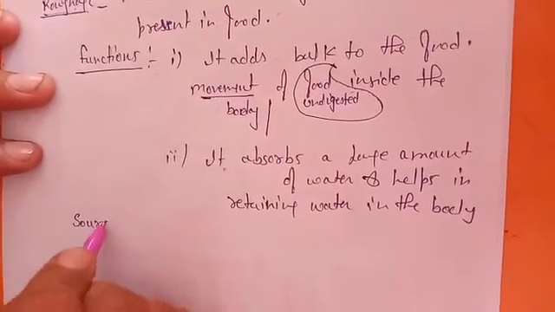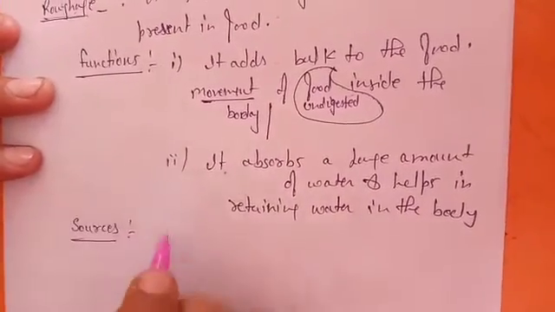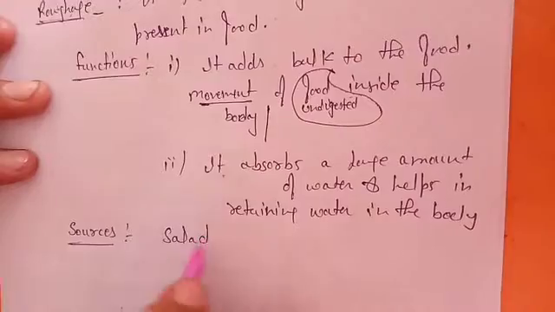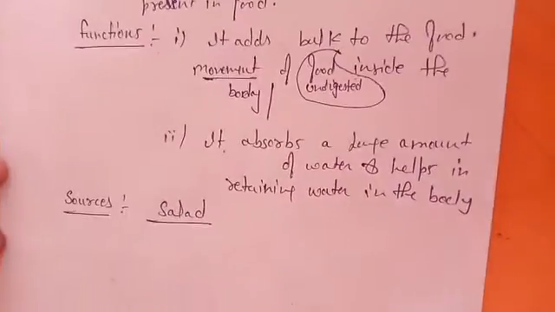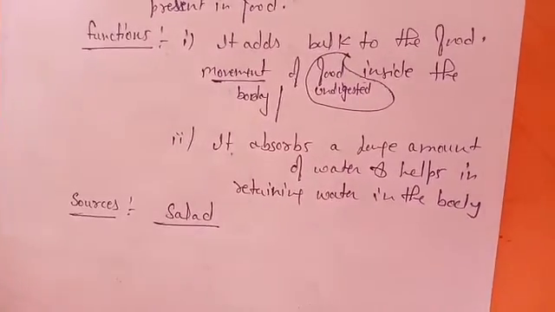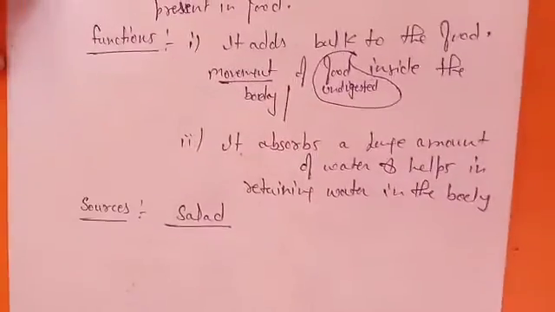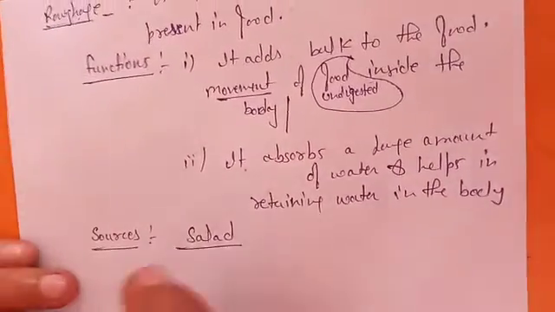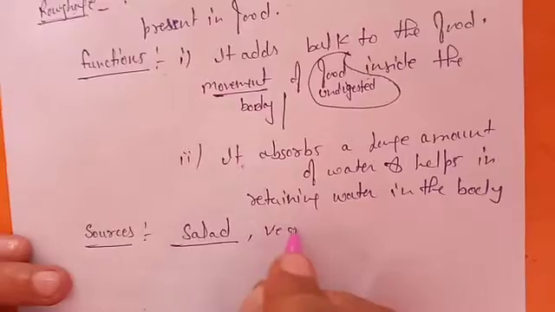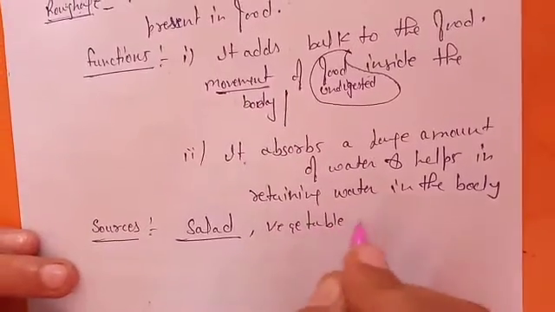Next, what are the sources from which you can get it? The first important is salads, whatever kind of salads you are using, or raw vegetables. They are a great source of roughage. Other things are vegetables and fruits.